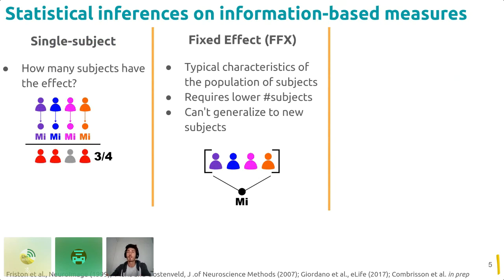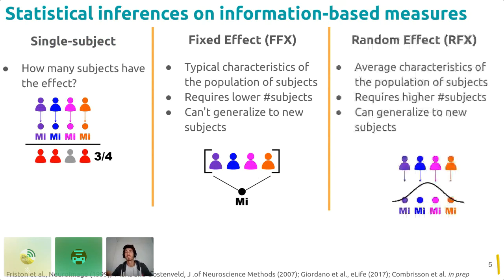So that's why we also have a random effect analysis, where this time the mutual information is computed for each subject, and then we make the hypothesis that the mutual information across subjects is normally distributed. What is nice with that is that it's like considering that your small population of subjects has been randomly picked from a broader population of subjects.